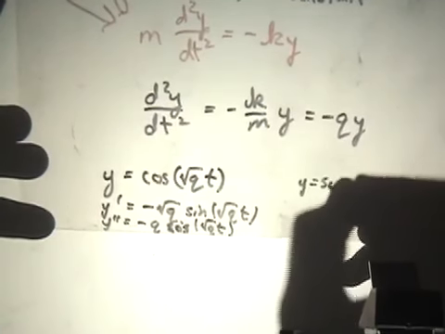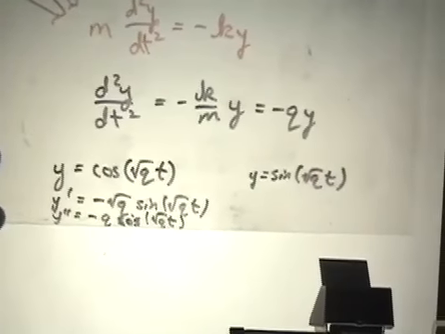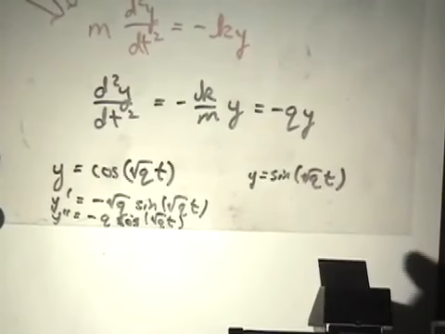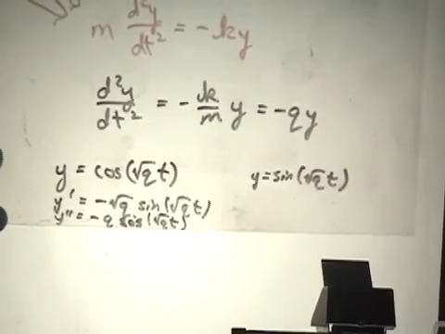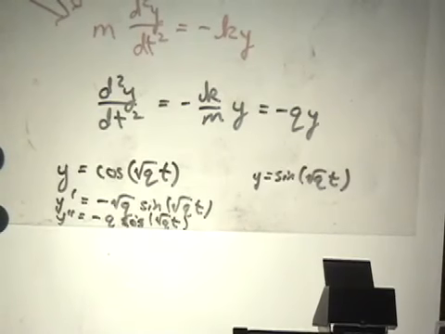Y equals sine of square root of qt also will work for the same kind of reason. The chain rule applied twice, because we're taking two derivatives, will allow us to see that sine of square root of q times t does solve this equation.